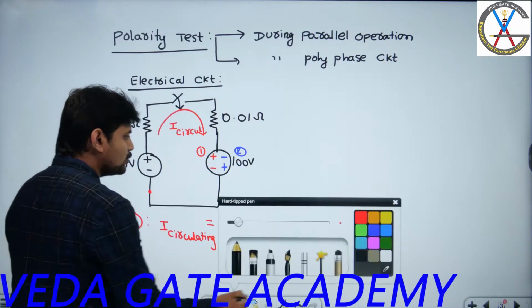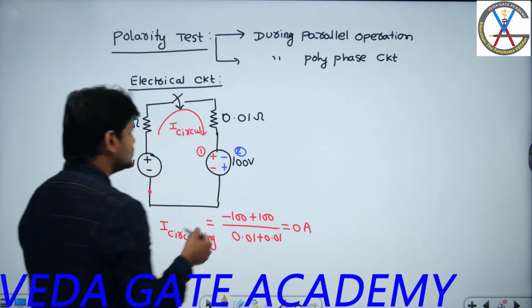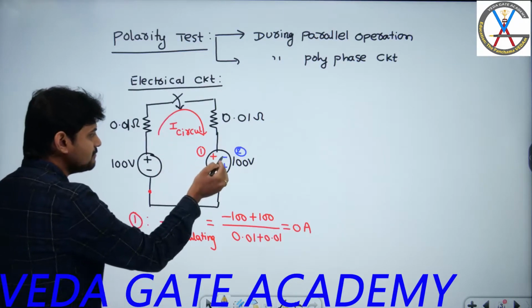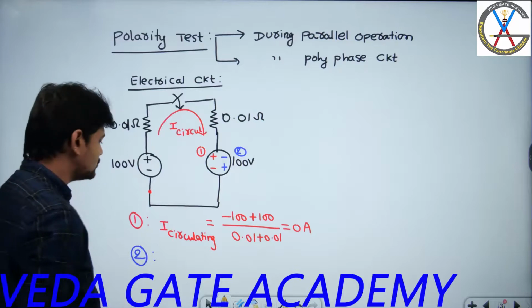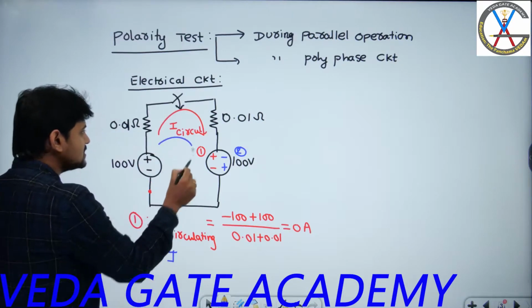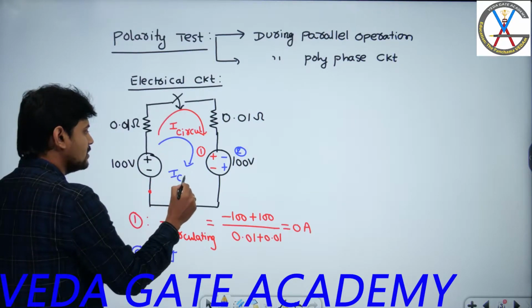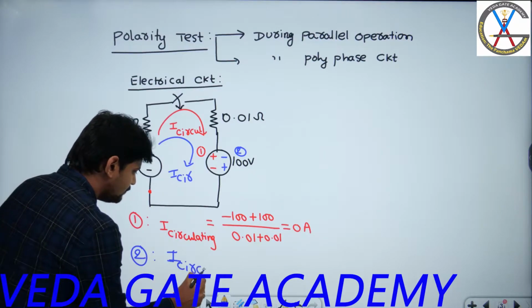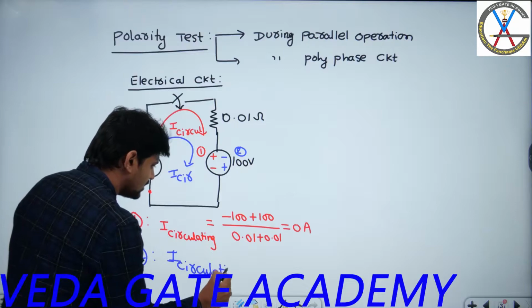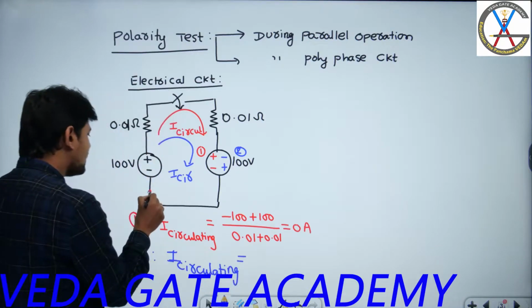Suppose I am doing the second case, where let us assume I have closed the switch, and in the second case I have minus plus terminals. In that case, can you tell me what is the circulating current you are going to get? Apply KVL again from here.